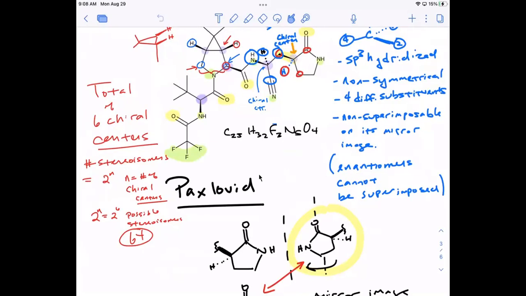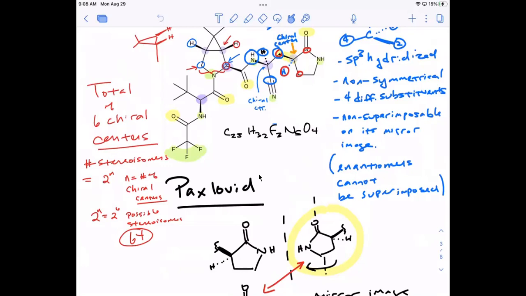We talked about how to find the number of stereoisomers. If you have one stereo center, you're only going to generate one other stereoisomer. But if you have more than one, then you have the possibility of generating other types of stereoisomers, which we're going to talk about today.